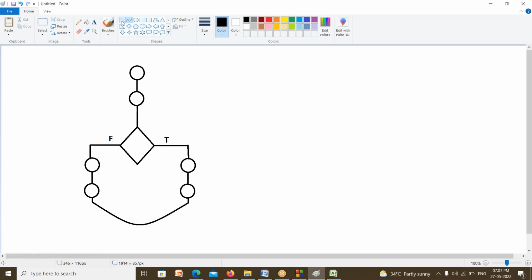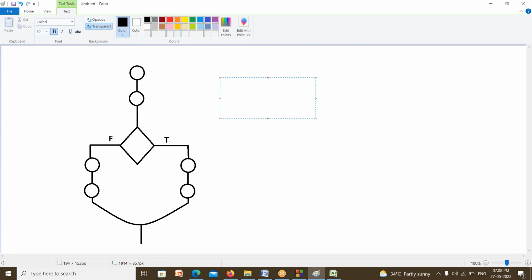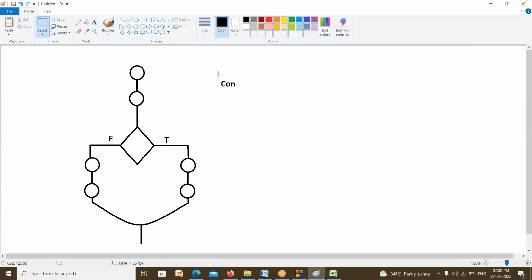If this condition is true, then control moves to the right side and executes these two lines of code and control moves outside. If the condition is false, then control moves to the left side and executes these two lines and control moves outside.